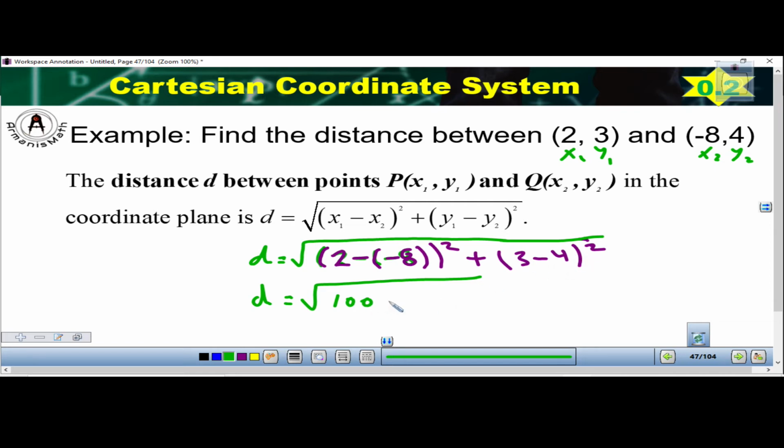Negative 1 squared is just a 1. So basically I am looking at distance of 101. Distance equals square root of 101. It's almost like 10, but it's not exactly 10. Okay.